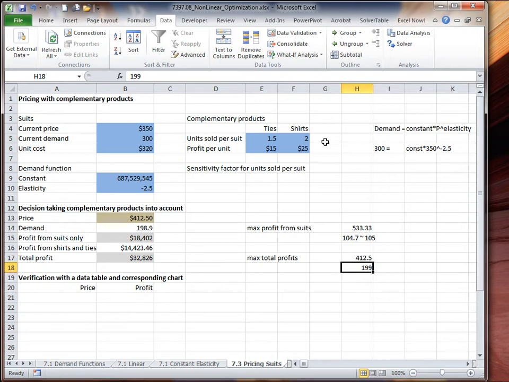So we end up much better off by lowering the price of suits. And now you understand why Joseph Banks and Men's Warehouse and even the department stores have these sales where they give away the suits, because they're trying to get you to buy the accessories.